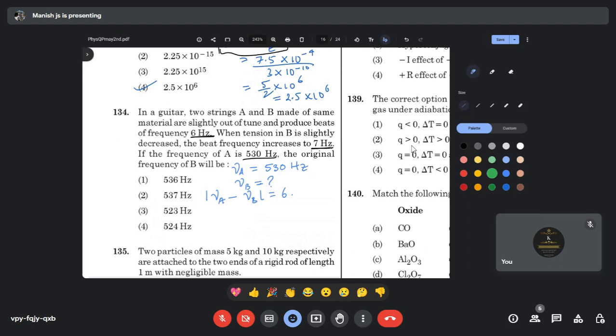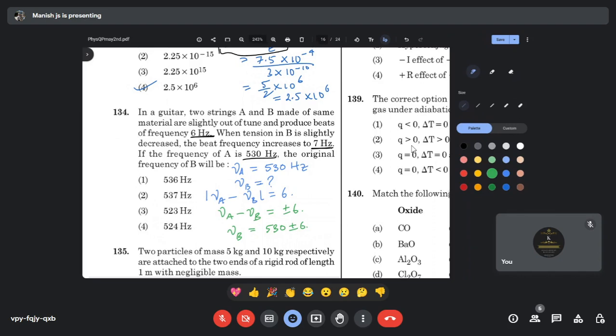Then removing the mod operator, nu A minus nu B is equal to plus or minus 6. You know what nu A is, we need to find nu B. So nu B can technically be equal to 530 plus or minus 6.